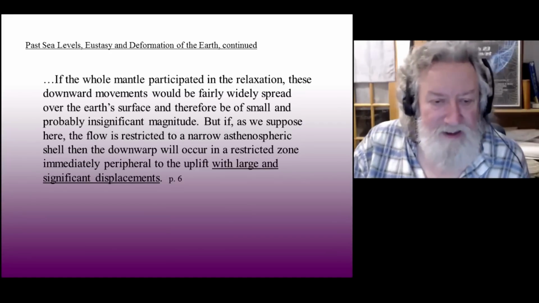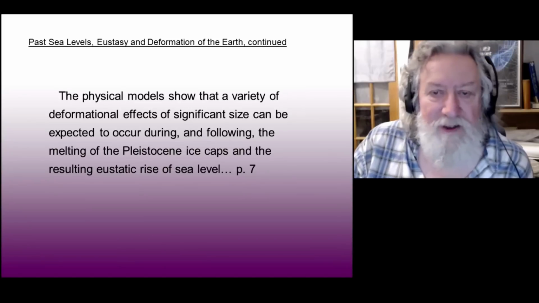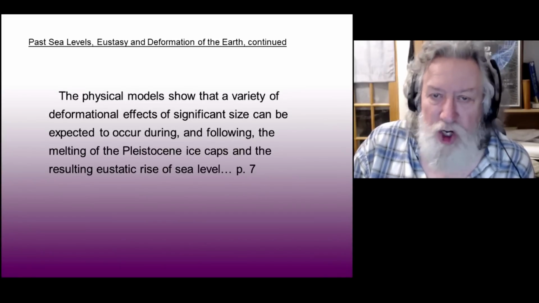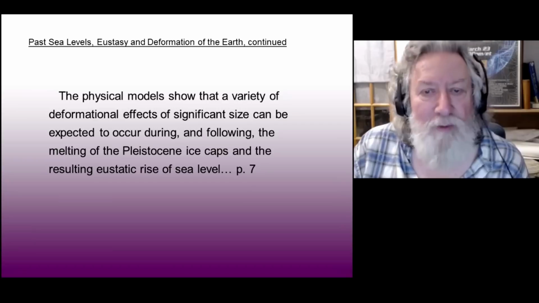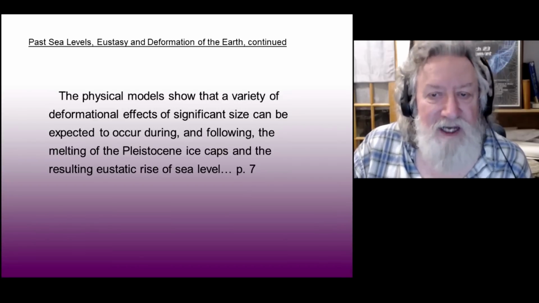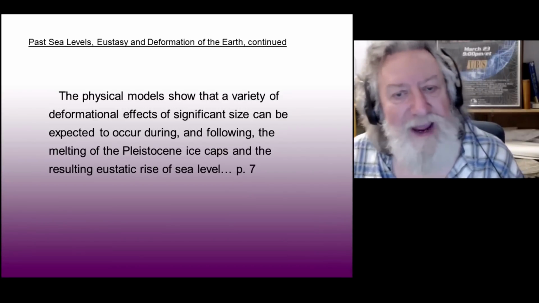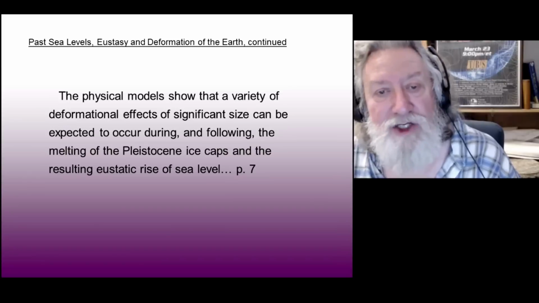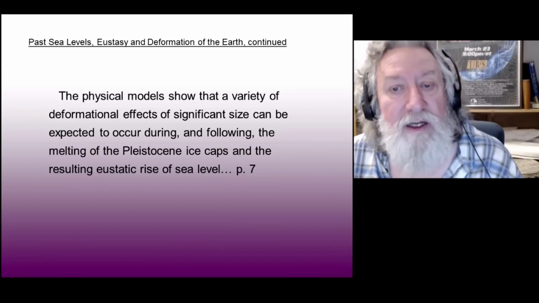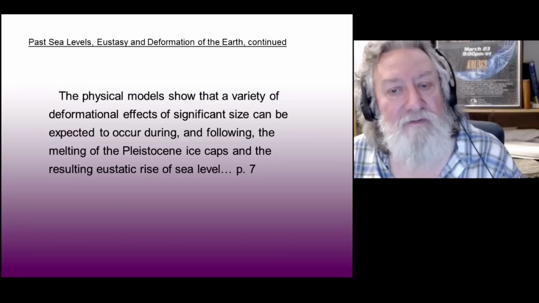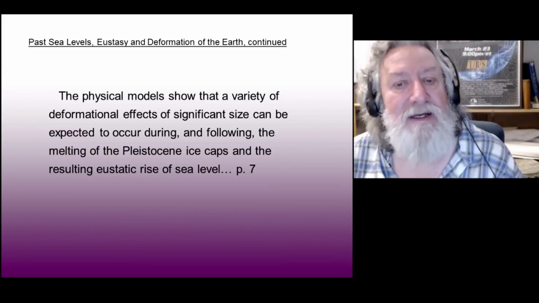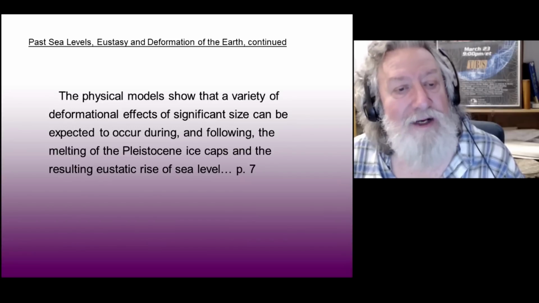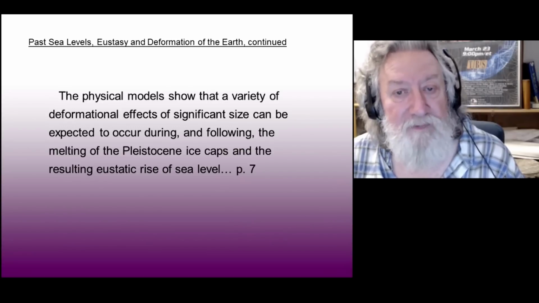So he finally says that the physical models show that a variety of deformational effects of significant size can be expected to occur during and following the melting of the Pleistocene ice caps and the resulting eustatic rise of sea level.